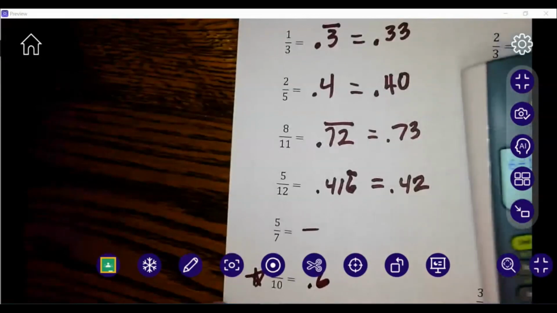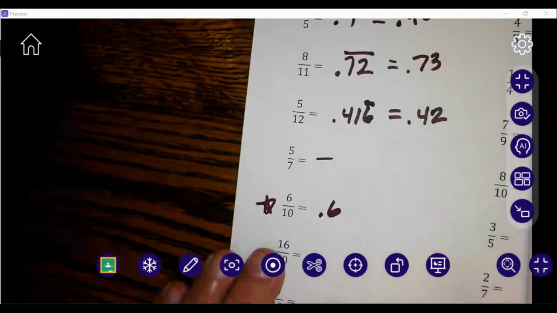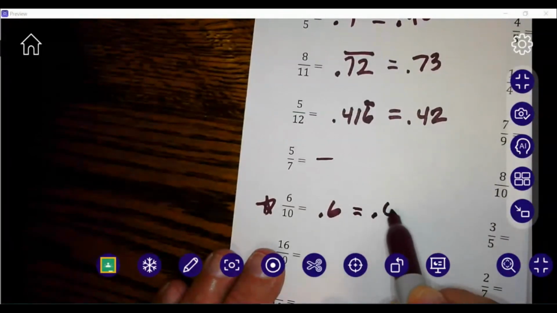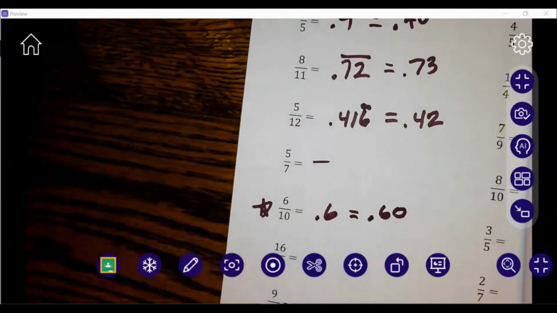But if we have to round that to the nearest hundredth, there is no digit in the hundredths place, so we just put a 0 in there. That would be rounding it to the nearest hundredth.